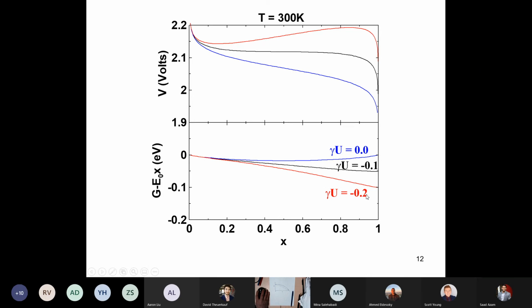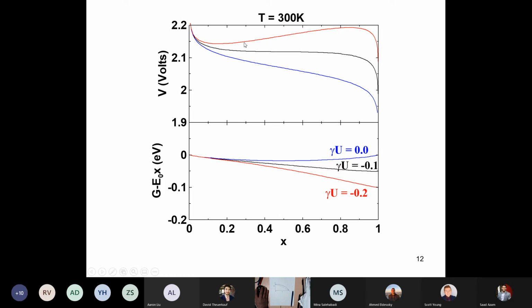or minus 0.2. Well, at minus 0.1, if you look at the curve incredibly closely, you'll see the voltage versus composition is always going down. It doesn't go up again. If you look at it carefully, it's pretty darn flat, but it's always decreasing there.